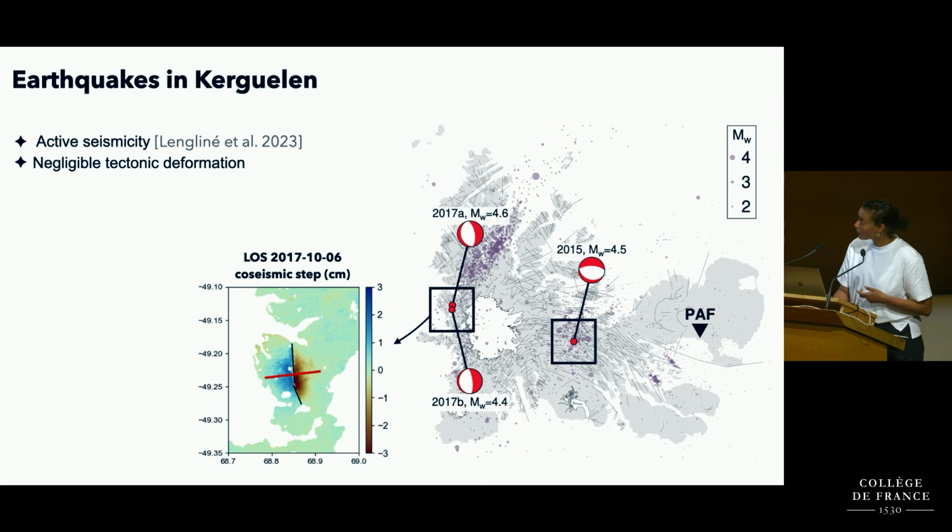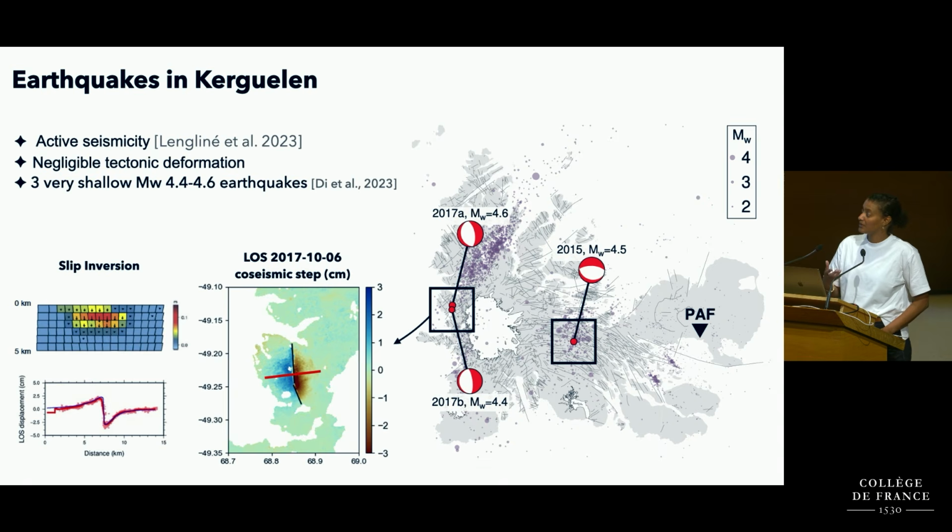But from the InSAR observations, we've managed to observe 3 different magnitude 4.5-ish earthquakes with deep slip configurations, and we can see ruptures that are quite long for magnitude 4.5, about 10 kilometers.